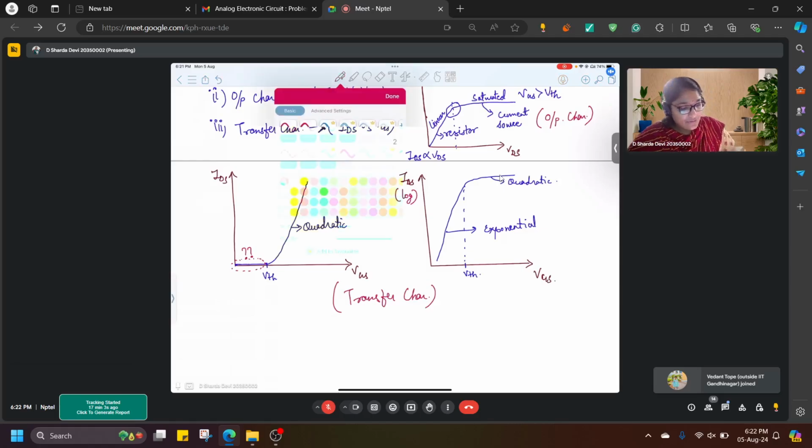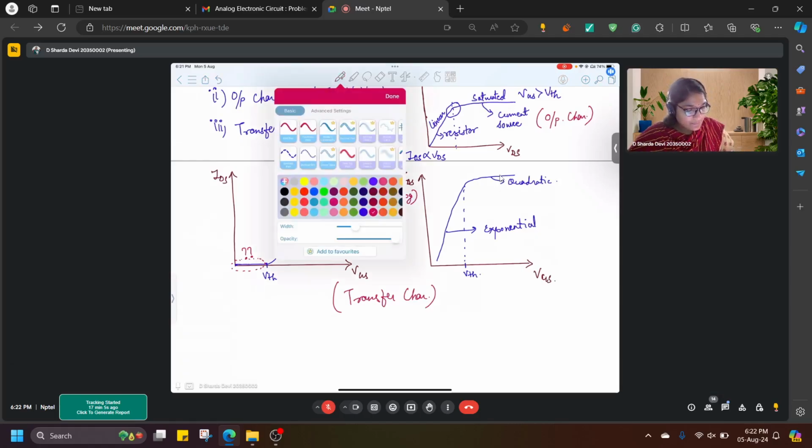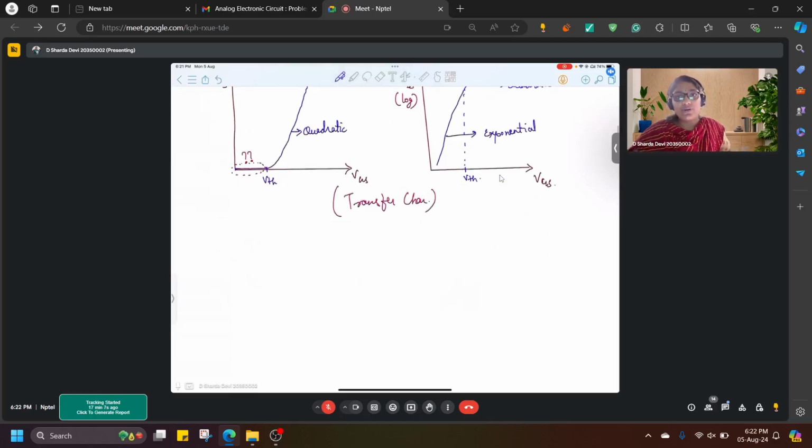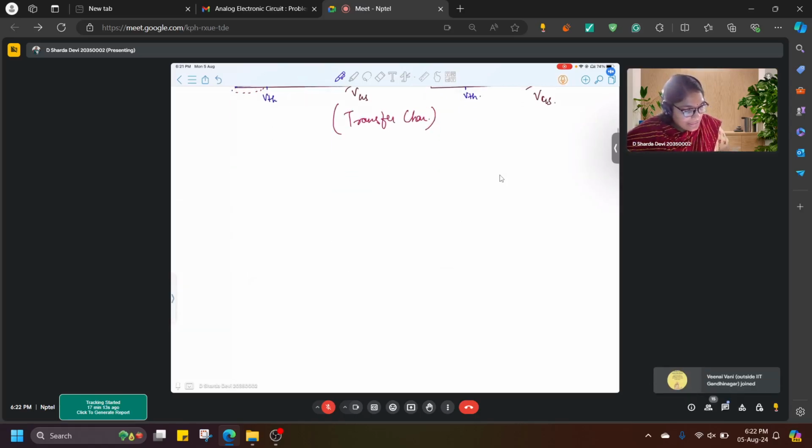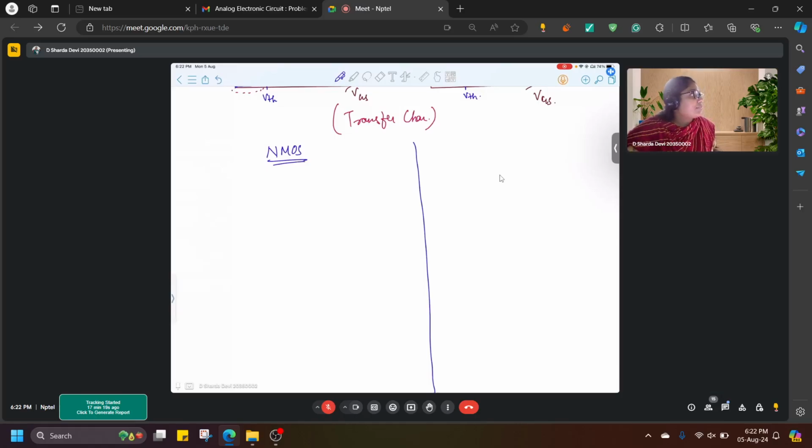Now, since we have to solve some numericals, it is very important for us to know the formulas, right? So let's quickly look into the formulas. I'll write the formulas for both NMOS as well as PMOS. So first of all, in case of NMOS, the first thing that needs to be there is your MOSFET needs to turn on.